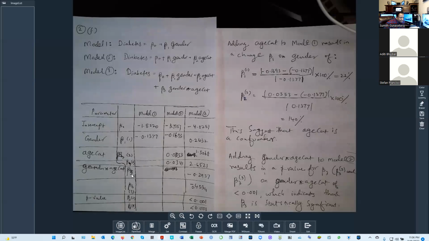I'm talking about here. Beta 3, see, beta 3. This one, not beta 1, beta 2. This one age cat has a 2, no? 2 and 3. Now both should be beta 2 and 3. This one beta 3.